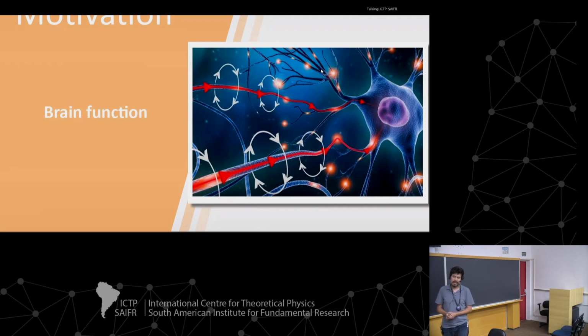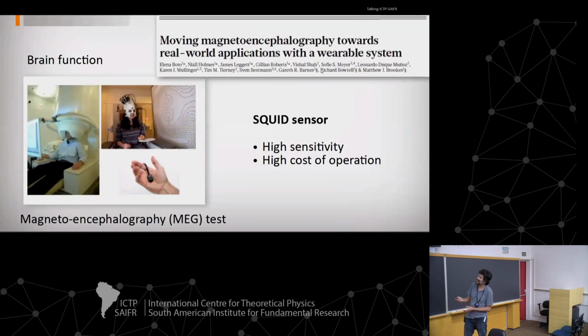The great thing that made atomic magnetometers gain some attention was the study of brain function. For medical diagnosis, there were sensors, like SQUID sensors, like in this machine, that can be used to detect signals emitted by neurons, right? The problem with SQUIDs is that, as some of you already explained, they work at very low temperatures.